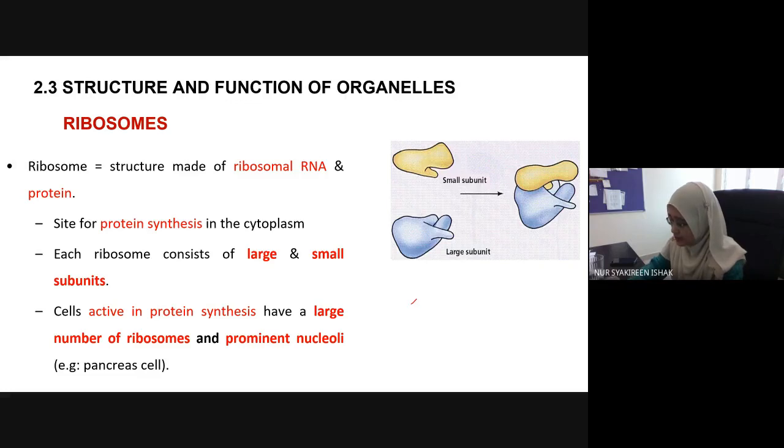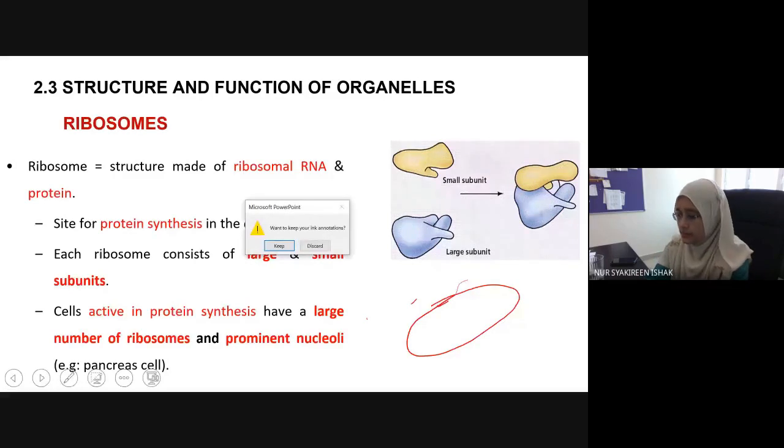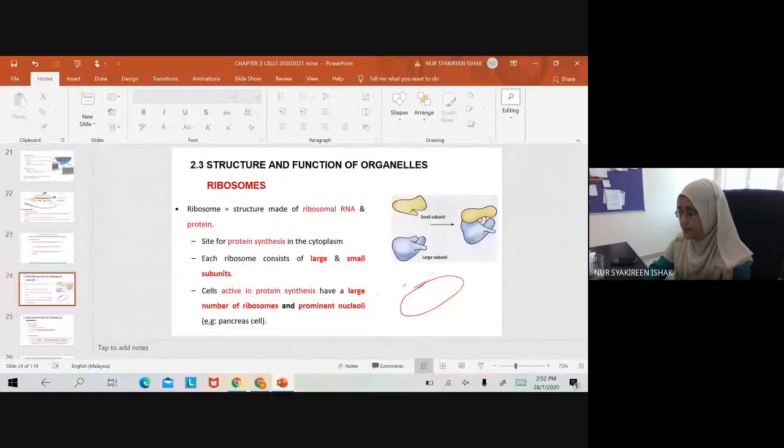ni pen saya hilang. Okay, dalam sel kita ni ada apa? Ada mitokondria. Sekejap. Keep this slide.